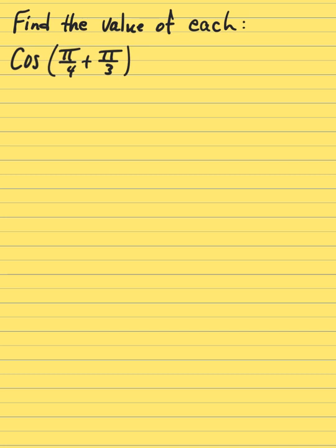Using your formula, and you'll look at the one for, it'll be in the sum and difference section of your formulas, and it'll be the one with cosine plus. Now, the expanded form of that will be cosine of pi over 4 times cosine pi over 3.